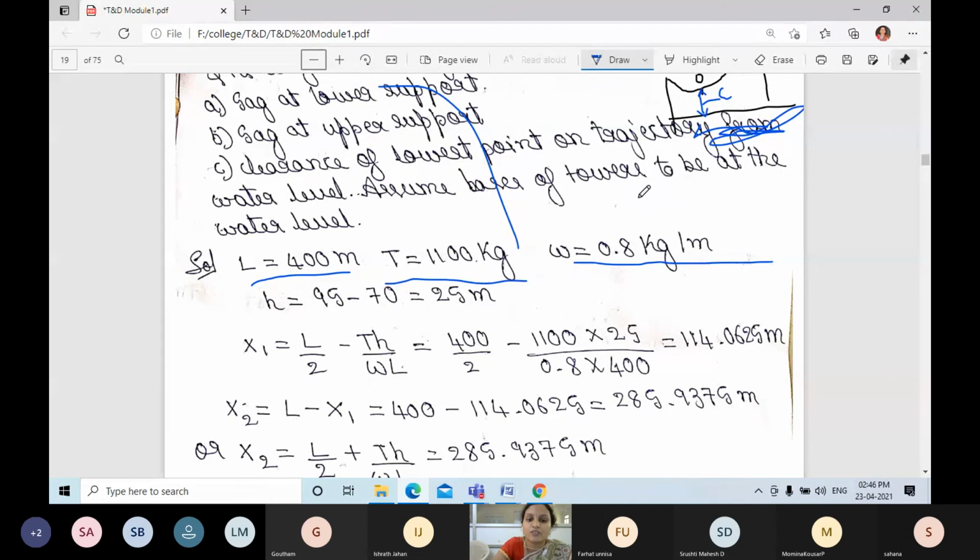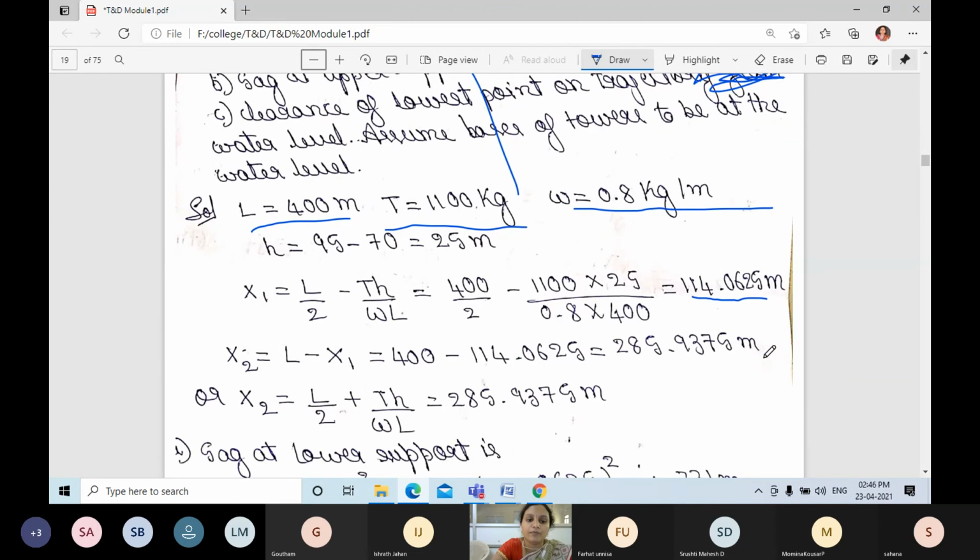If we substitute the values in the equation, you will get 114.0625 meter. This is the x1 value. Either you can find out directly x2 is equal to L minus x1, or you can find out through the formula, that is x2 is equal to L by 2 plus TH divided by omega L.